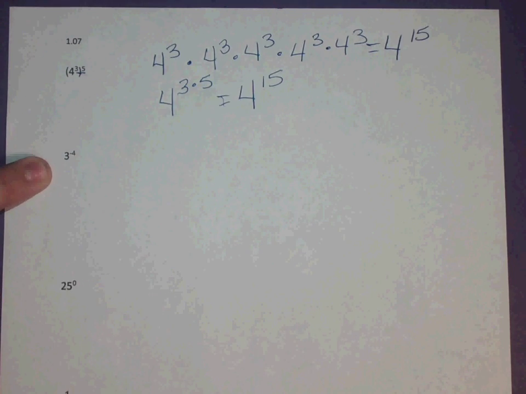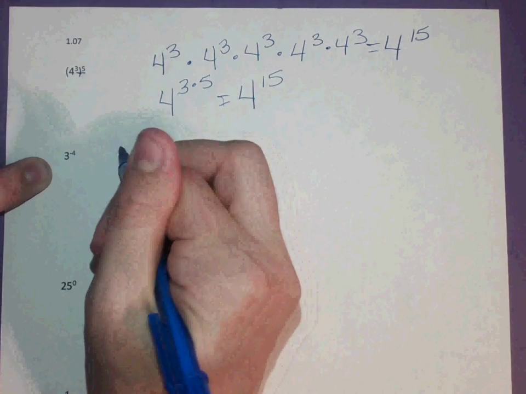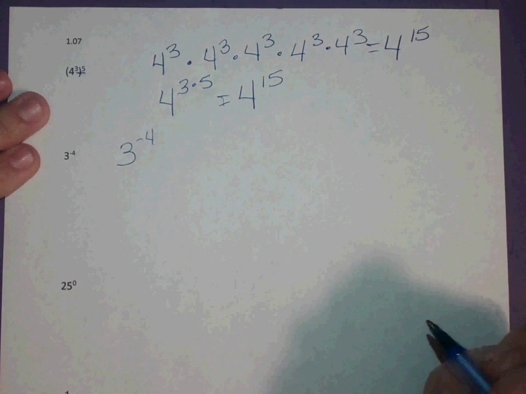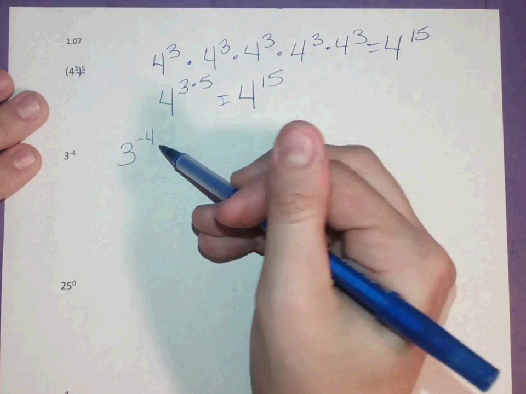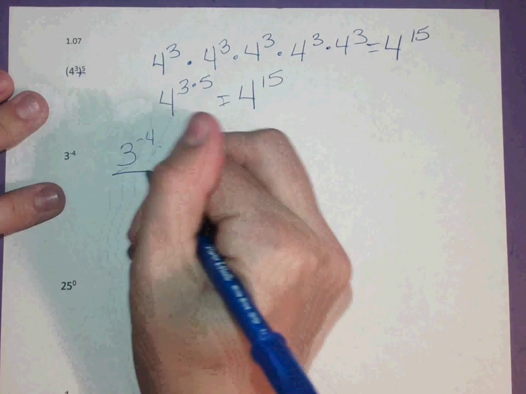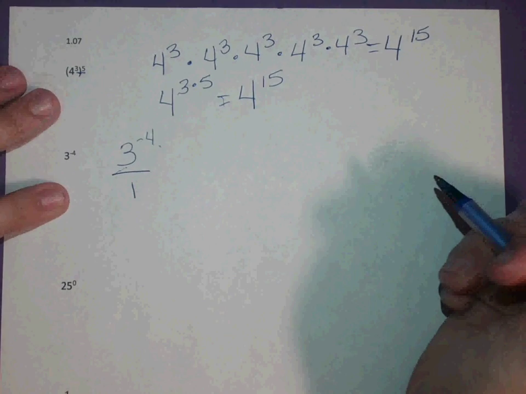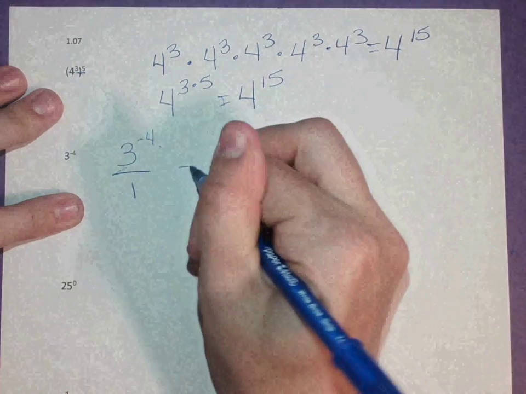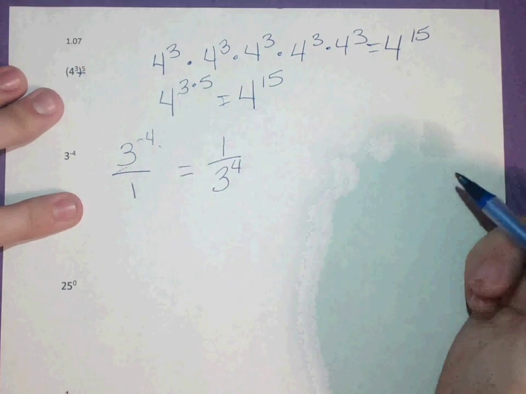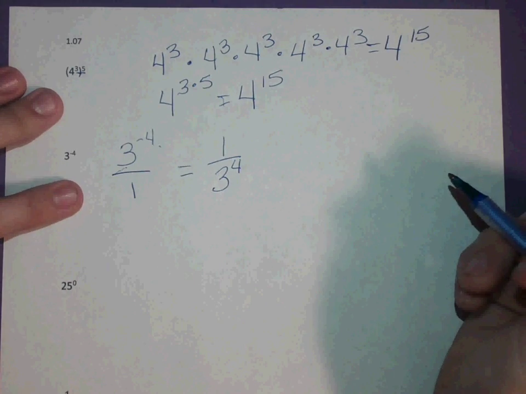Now what about if we have a negative exponent? Well, if I have 3 to the negative 4th, remember that to make this a positive exponent, we have to change it to its reciprocal. Okay, now any whole number is always over 1, so the reciprocal is 1 over 3 to the 4th.